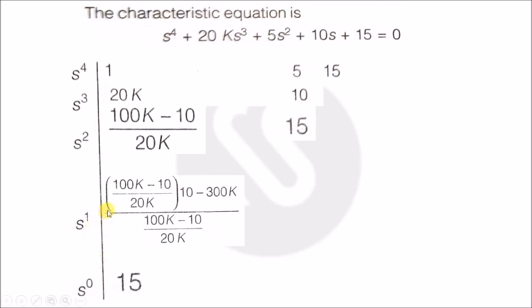So from positive to positive no sign change, again positive to positive no sign change, but from positive to negative one sign change, again negative to positive another sign change. So two sign changes occur in the first column of the Routh table, so there are two right hand poles in the s plane, so the system becomes completely unstable.